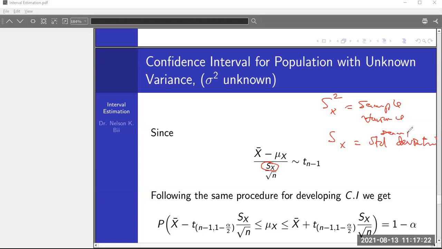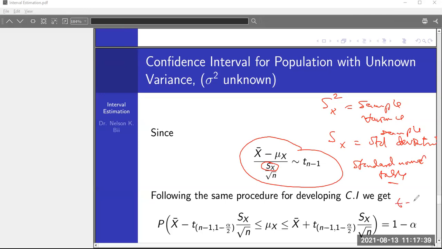If that variance is not given, then we use this approximation. So we are not using the standard normal value here, we are using the T distribution value, the T value at n-1 degrees of freedom. So n-1 here is what we call the degrees of freedom.